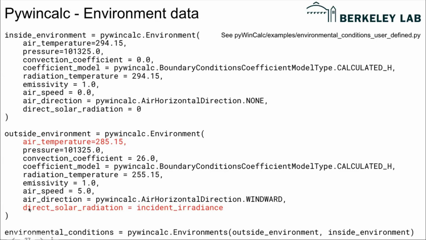And another thing is the direct solar radiation will be the incident irradiance that we just computed. The example where this whole file is located is on the PyWinCalc GitHub page.